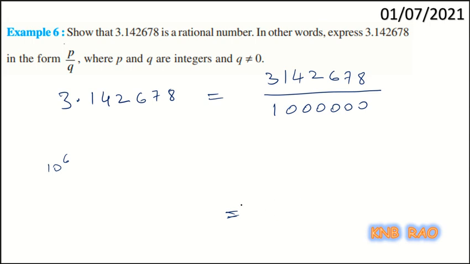So you know now today what you have learnt: some rational numbers from P by Q form into decimal form, terminating decimal numbers which can be converted into P by Q form, and real numbers with their flow chart, or let me say tree diagram. You have learnt the tree diagram of real numbers and the Venn diagram of real numbers, and in our next class we will continue the decimal form of real numbers, okay.